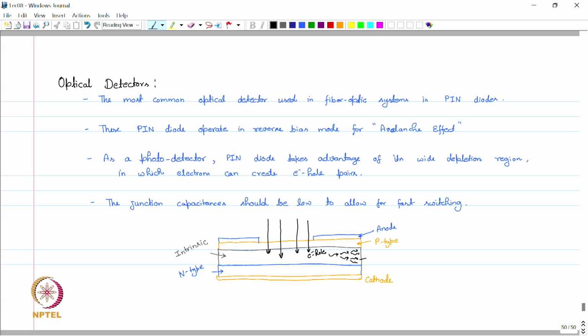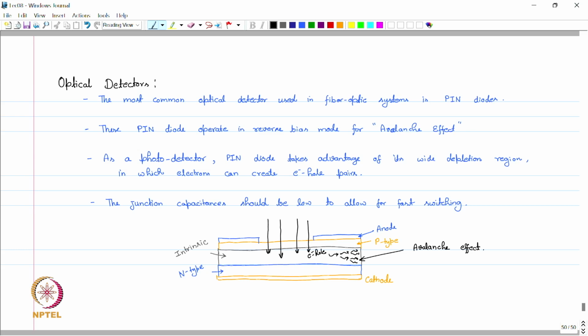So, this is the avalanche effect. This is how these optical detectors work based on the avalanche effect.